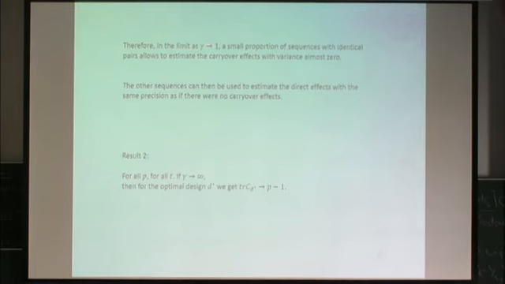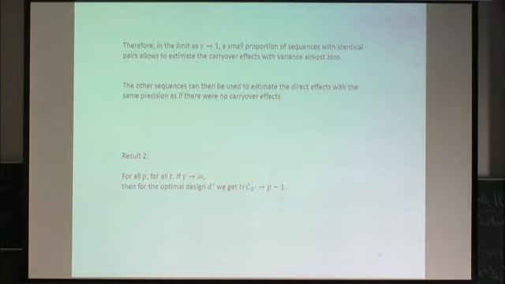And therefore, in the limit as gamma goes to 1, the small proportion of sequences with identical pairs allows us to estimate the carryover effects with variance almost 0. And then the other sequences can be used to estimate the direct effects with the same precision as if there were no carryover effects. And that's exactly the variance from the upper bound.